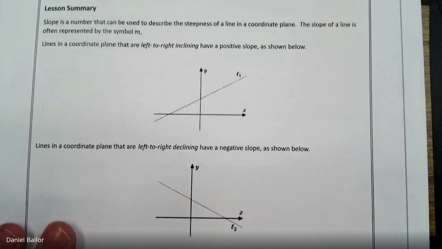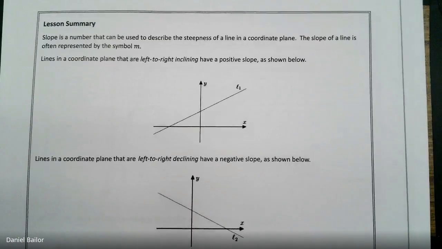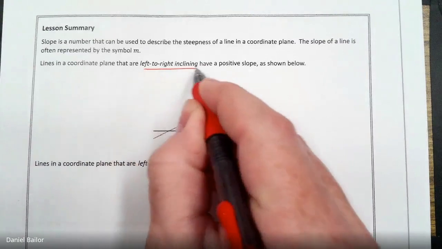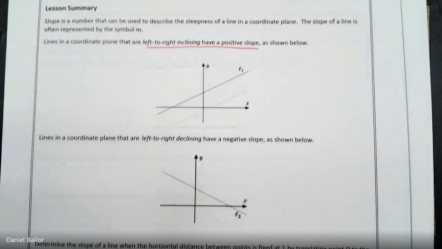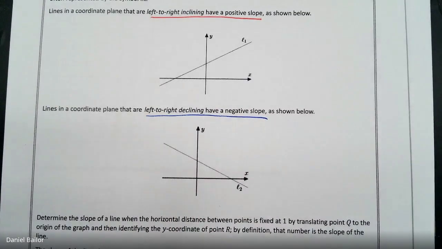Now, they do have the lesson summary for you on page 161. But you can see right here it says left to right inclining have a positive slope. Left to right declining have a negative slope. So that's 2 of the facts we learned right there.